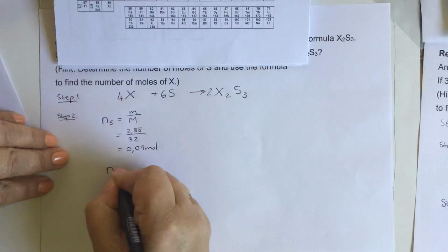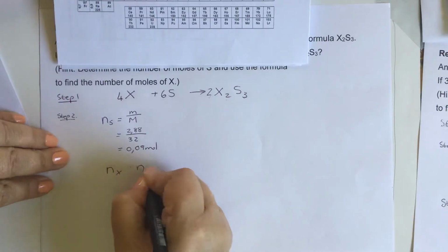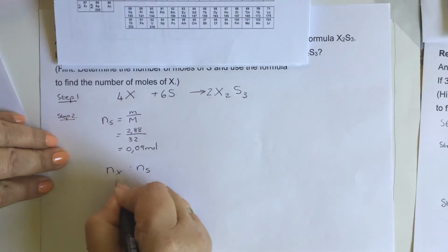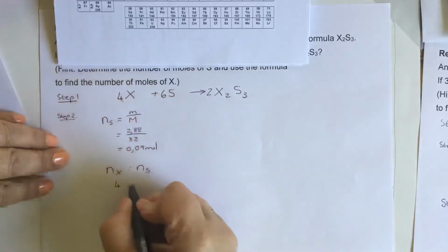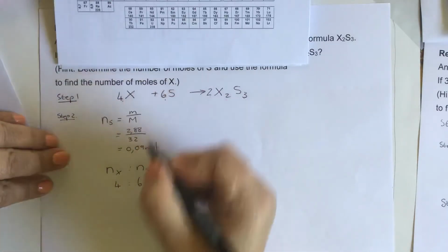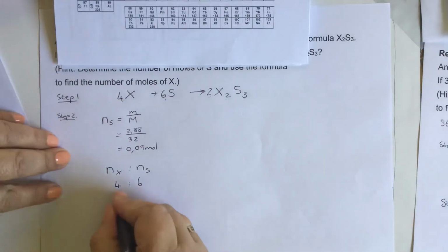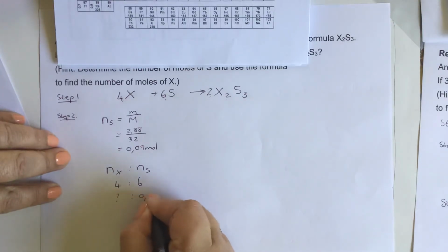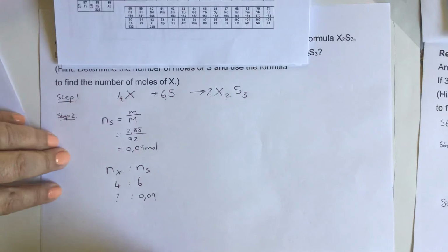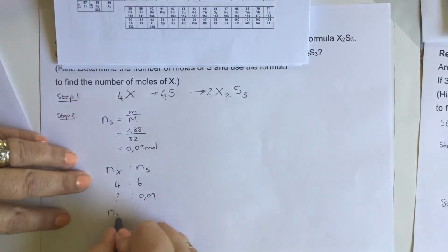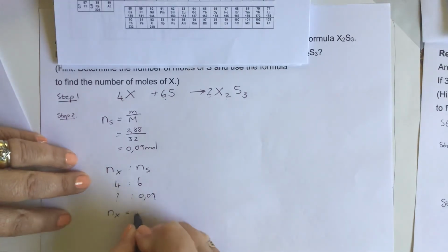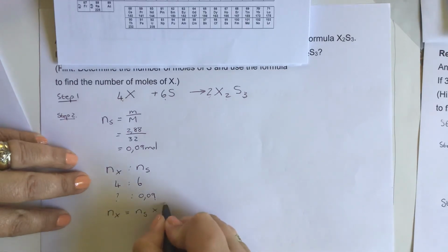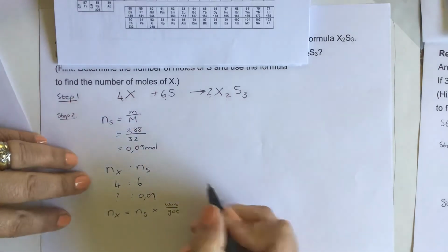So my number of moles of X to my number of moles of sulfur is 4 that I get there to 6 that I get there. Now I don't know this one, but I do know that I've got 0,09 of that. So to find my number of moles of X, I say that it's the number of moles of sulfur multiplied by want over got. Now what do I want here?